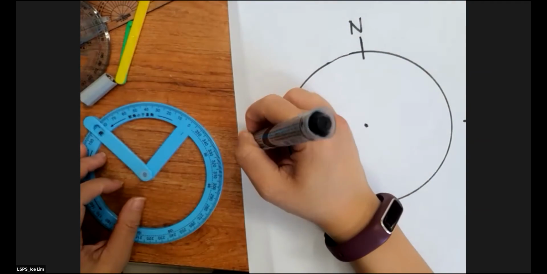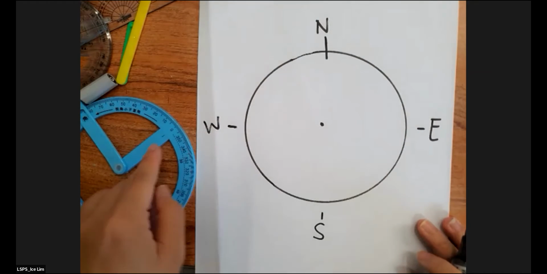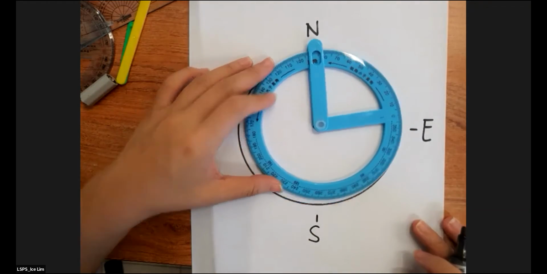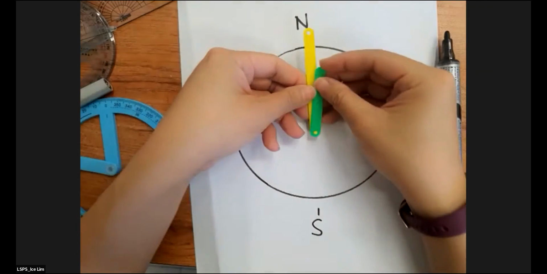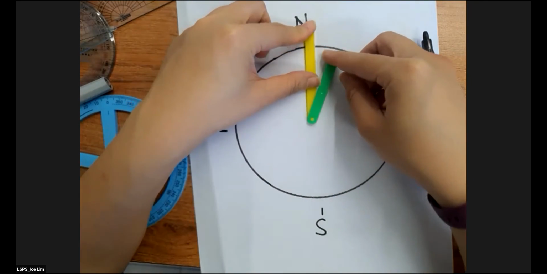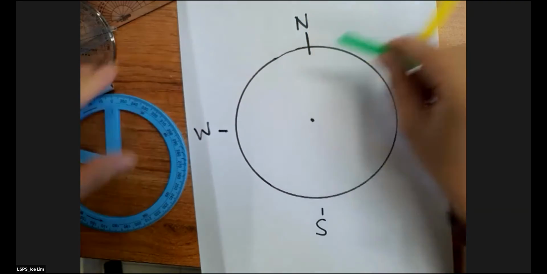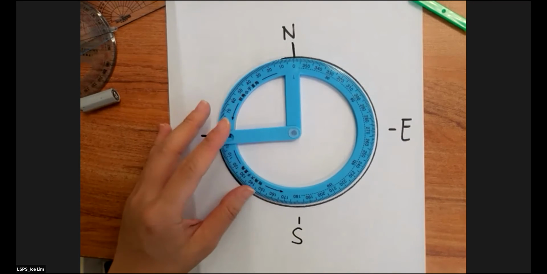West. Okay? North, south, east, west. Then I can go, so I can go to do this already. North to east to south to west. Okay, next. Then you need to find the 8-point compass.